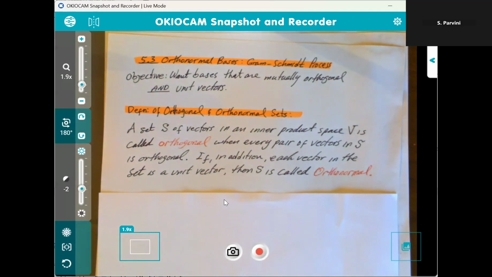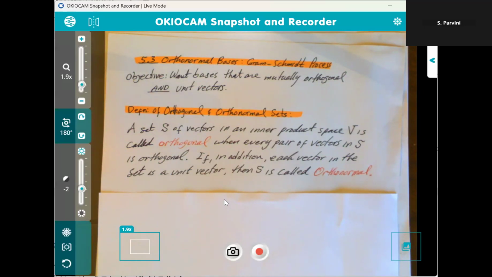So what do we mean by orthogonal and orthonormal sets? First, orthogonality. When we say orthogonal, by the way, think perpendicular. If two vectors are orthogonal, it means one vector is perpendicular to the other. That means the angle between them is 90 degrees.